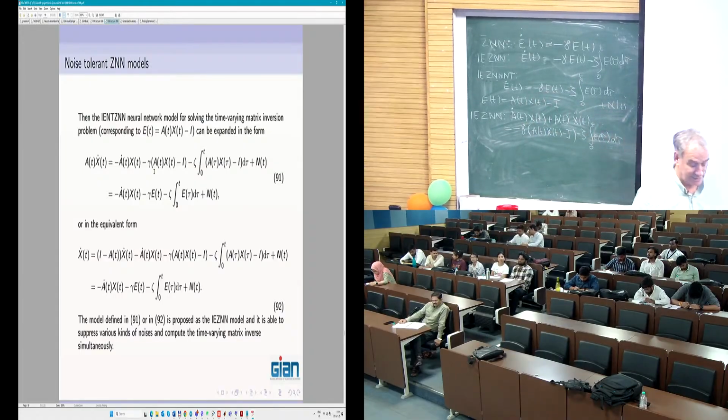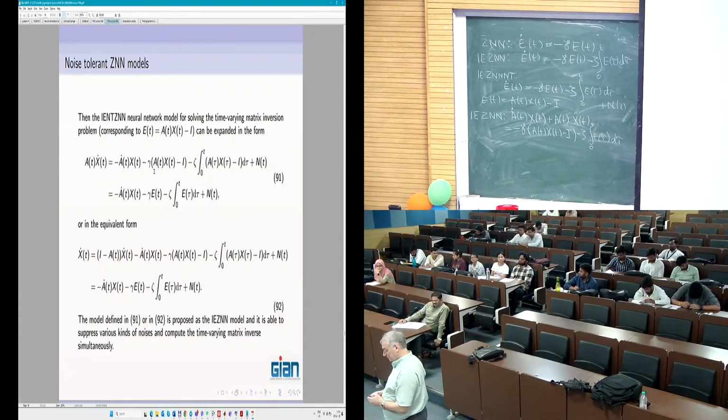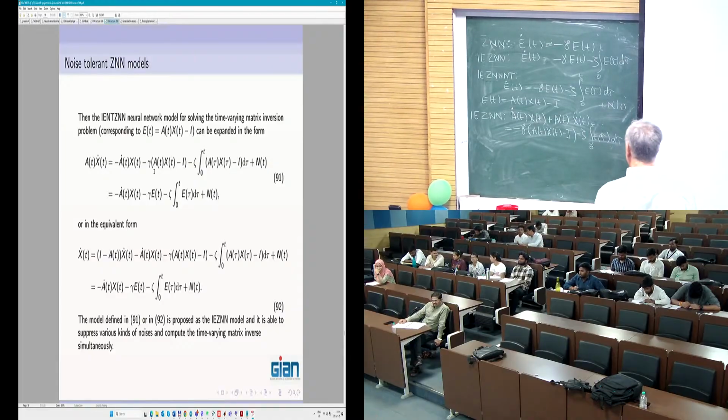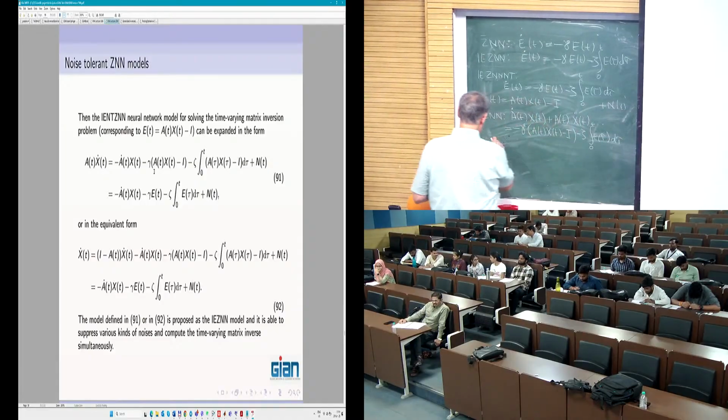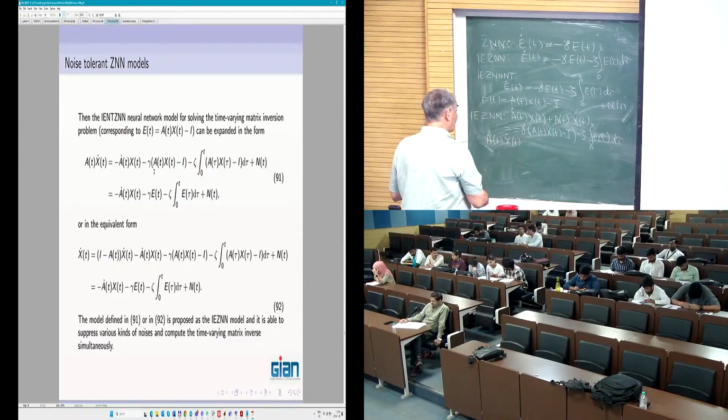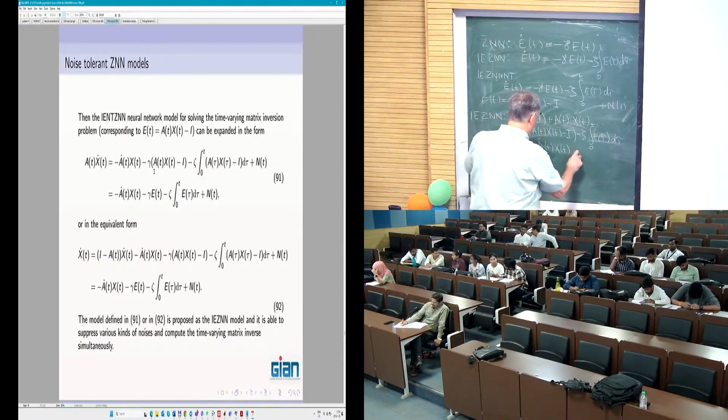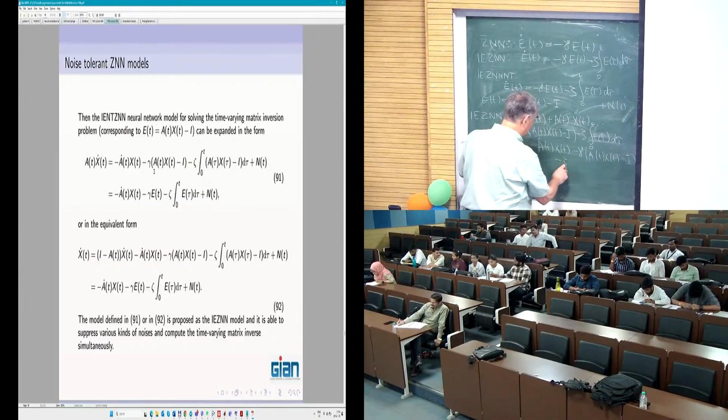We can consider such a model. As always, on the left-hand side of t, it is minus gamma, minus the integral term.